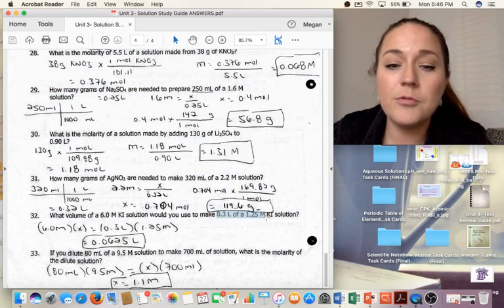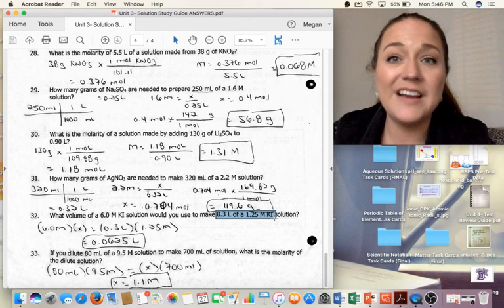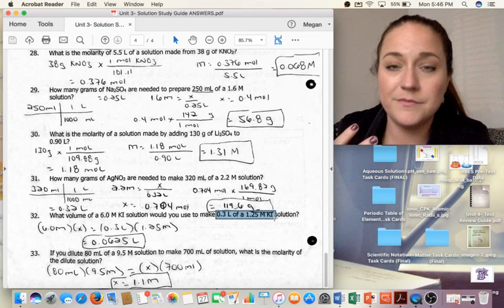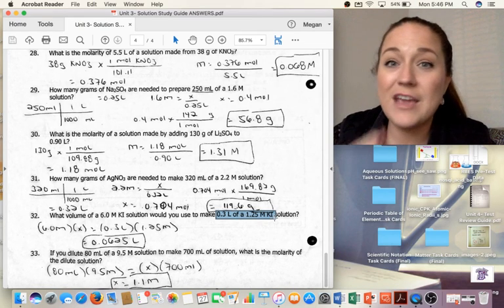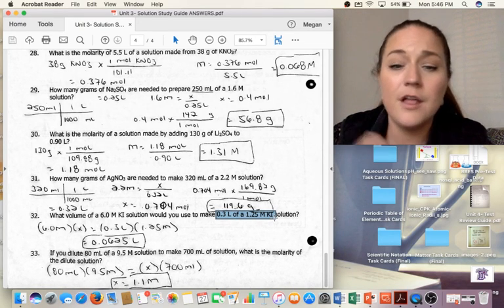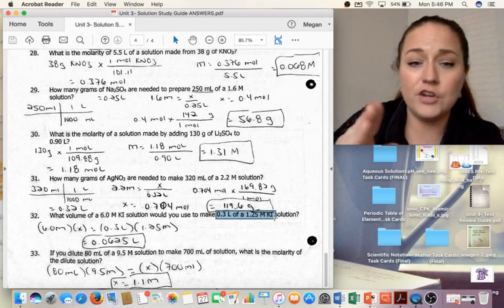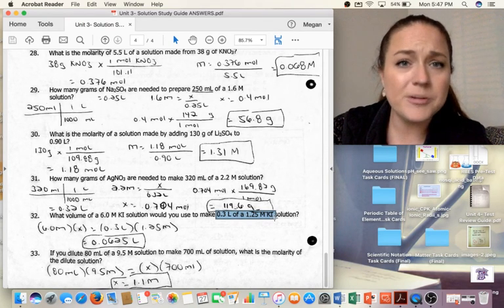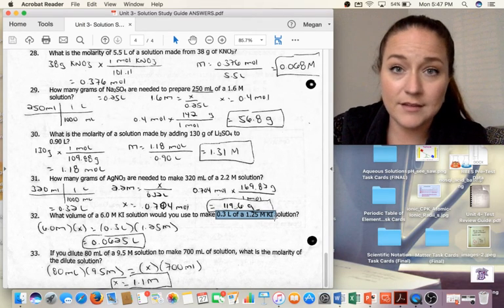Then the 0.3 liters of a 1.25 molarity of potassium iodide go for your M2V2. They are connected. There are two numbers together. They are married. They're all in it together. So they go on one side of your equal sign, where your first molarity, 6.0 molarity, goes with your unknown volume on the other side.